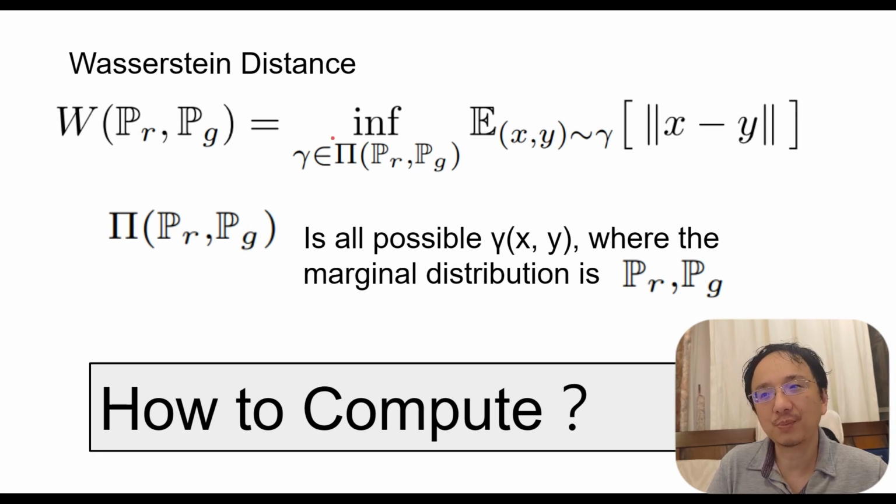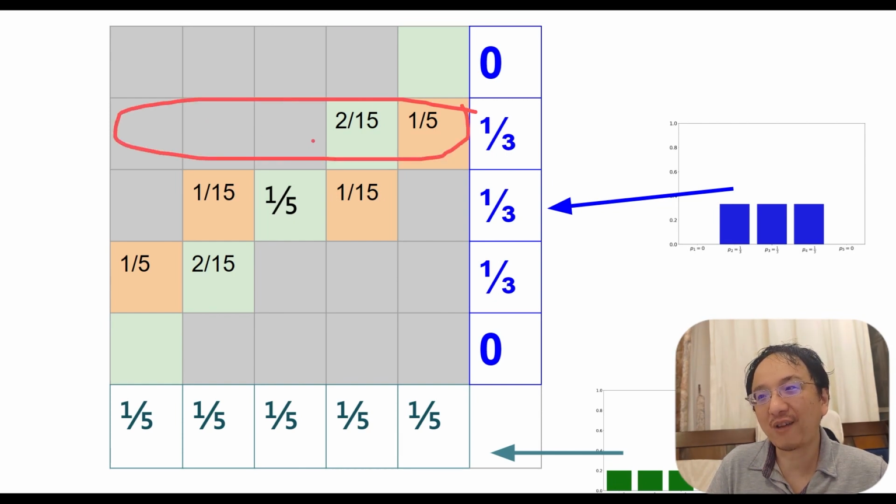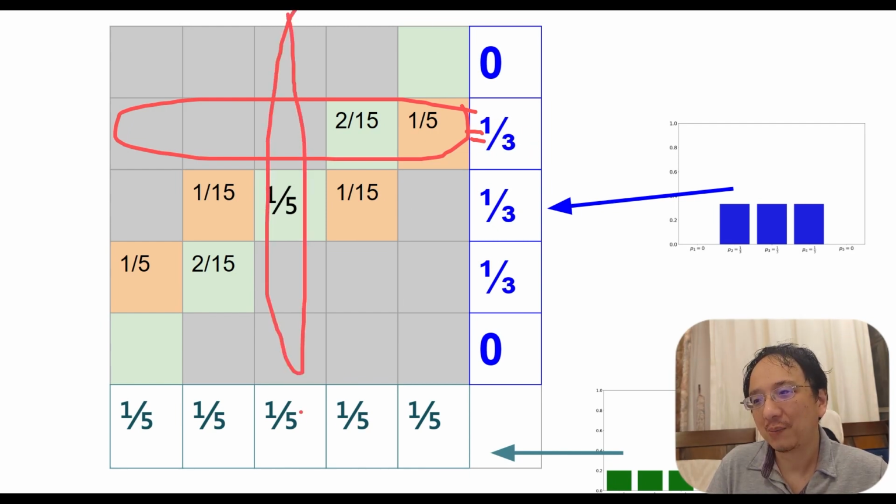This can be considered as an optimization problem because it has some restrictions and we are trying to find the minimum. In this form, it can actually be considered as a linear program because it has to satisfy some linear constraints, which is that the summation of this row, these 5 variables, should equal 1/3, and the summation of all of these has to be equal to this.